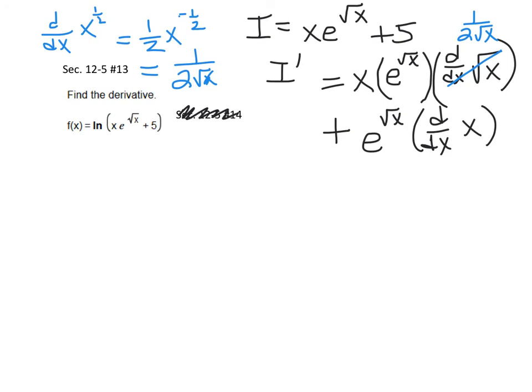And of course, the derivative of x is just 1.